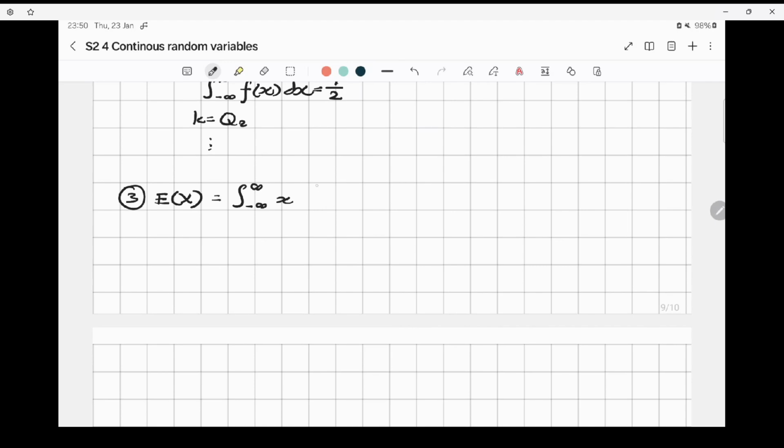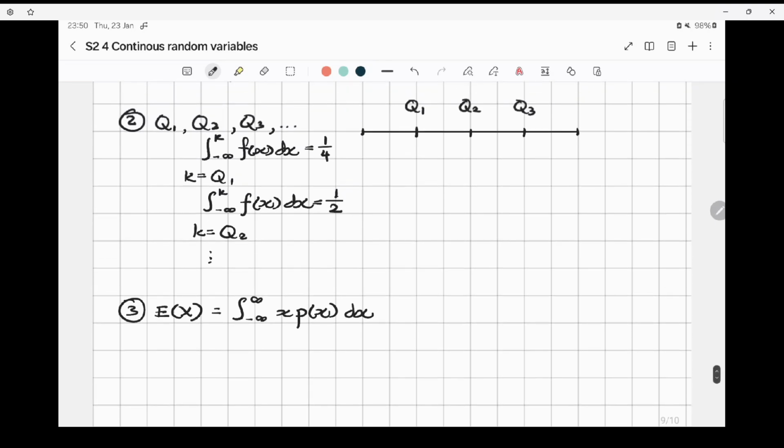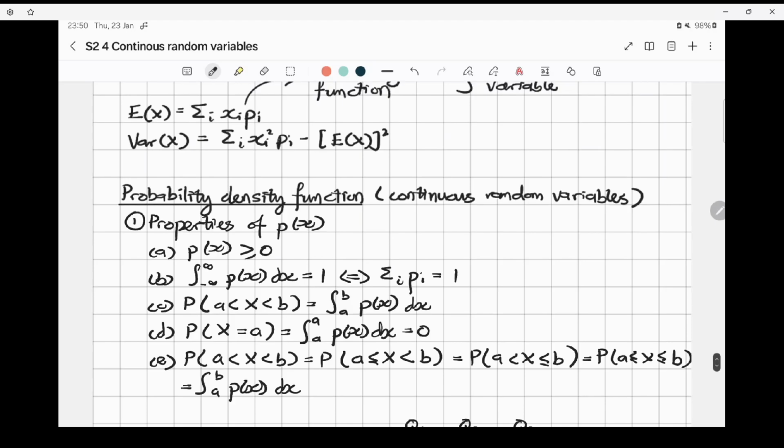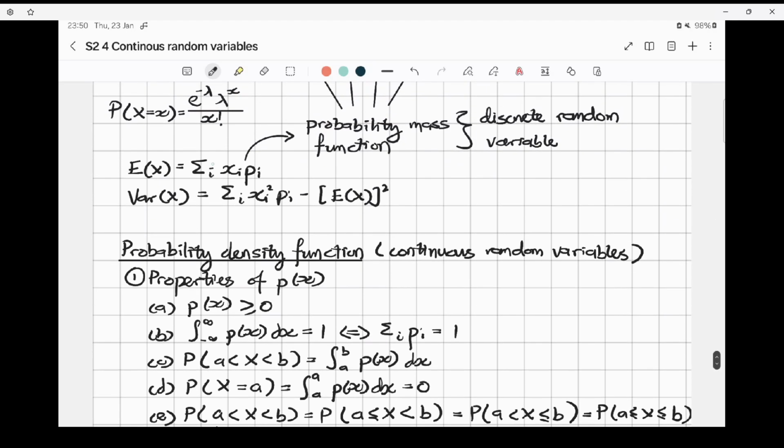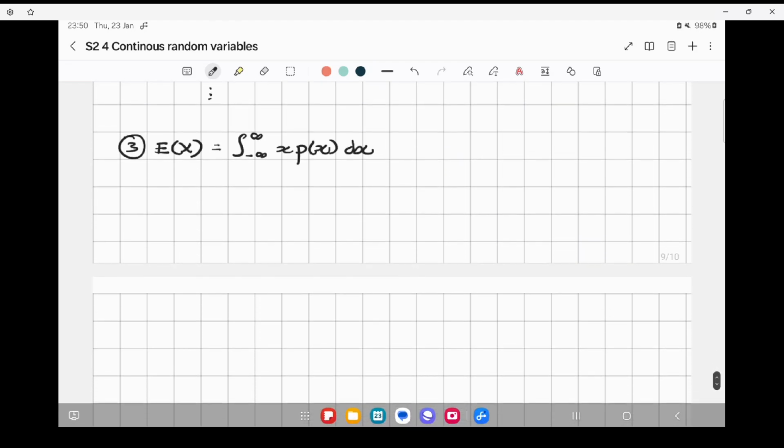Sorry, this is p(x). And then you integrate p(x) multiplied with x. Notice a similarity with the discrete version. The summation becomes integration, your x is still there, and your p_i becomes a function, which is p(x).